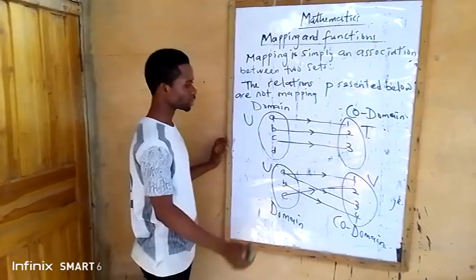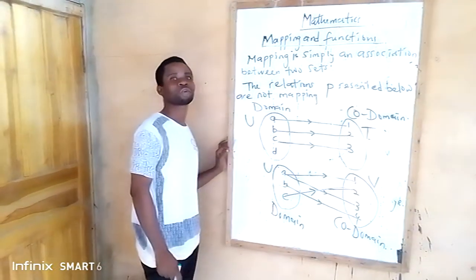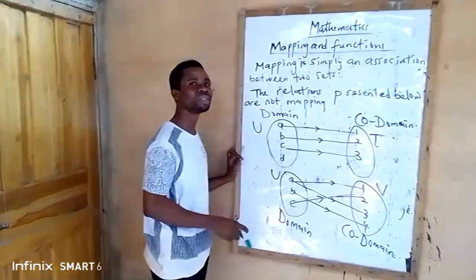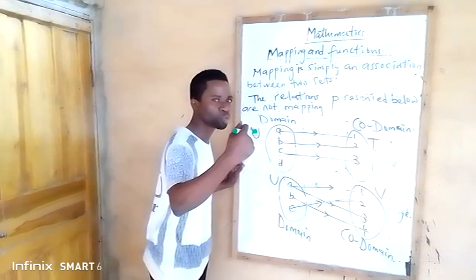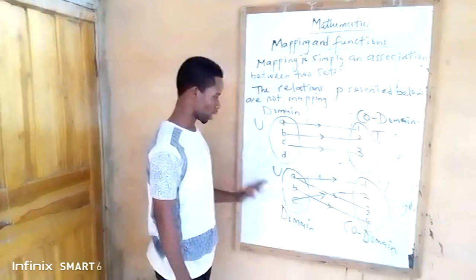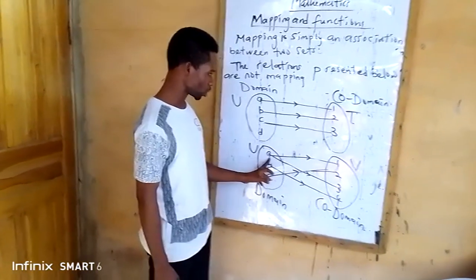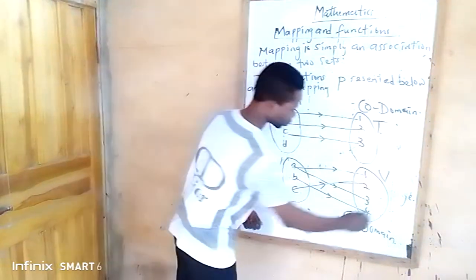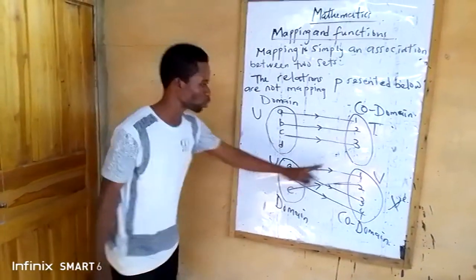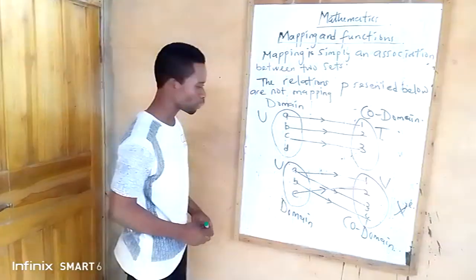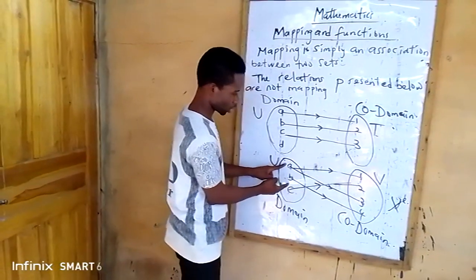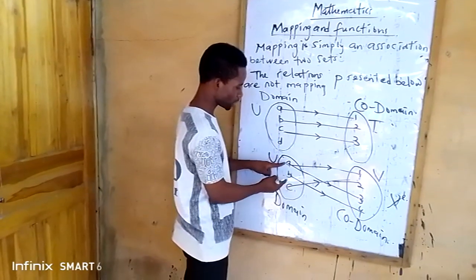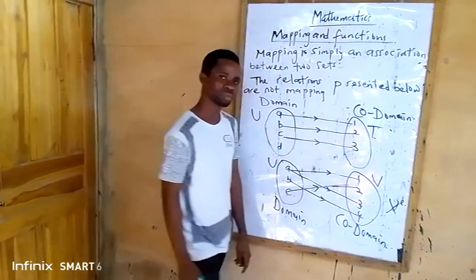Now, another thing that tells you it's not a mapping and function diagram is that no element in the domain is permitted to pair with two elements in codomain. Look at this one. Just A alone is paired with 1 and 3. So that shows that it's no more a mapping and function diagram. But it is allowed for two elements in the domain to pair with 1 in codomain.